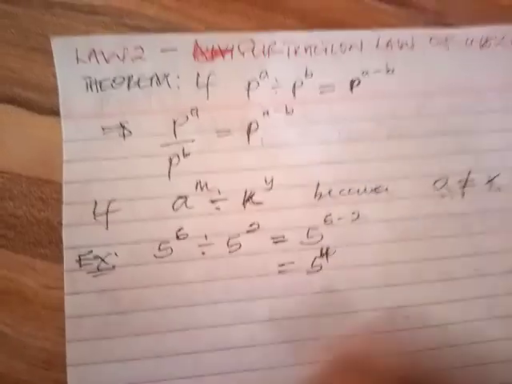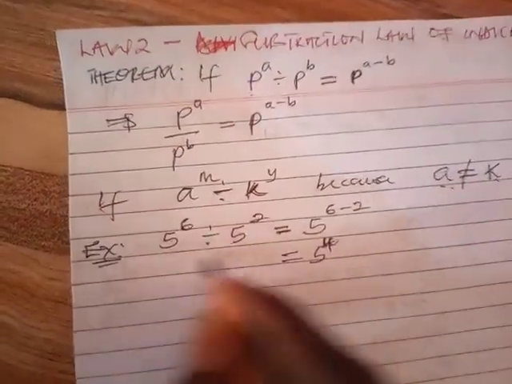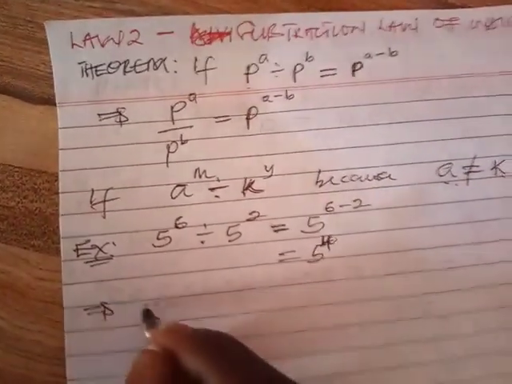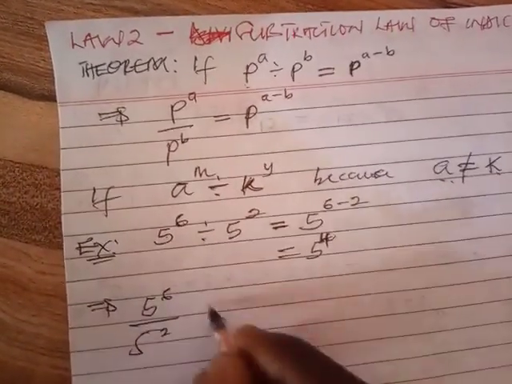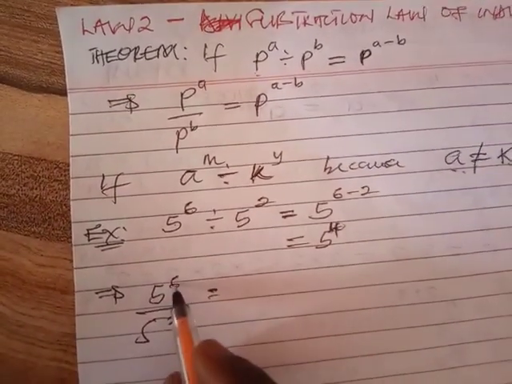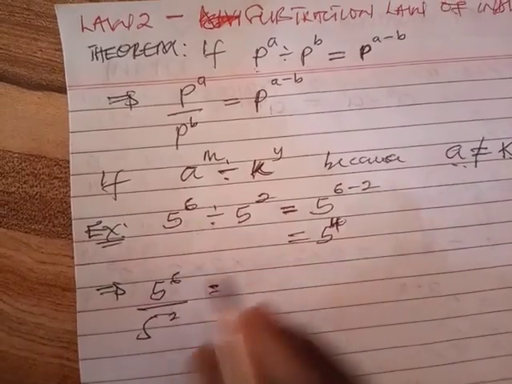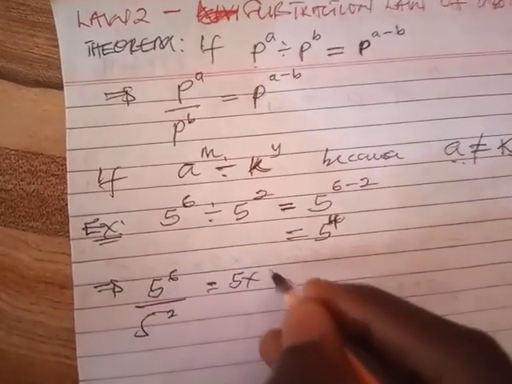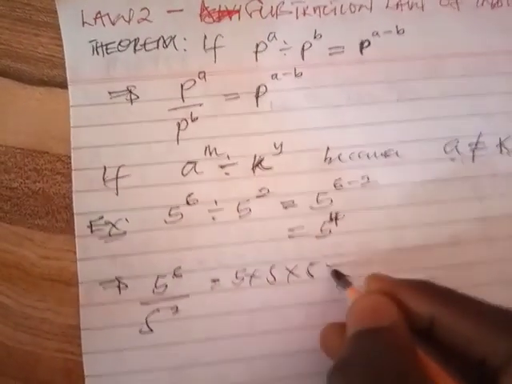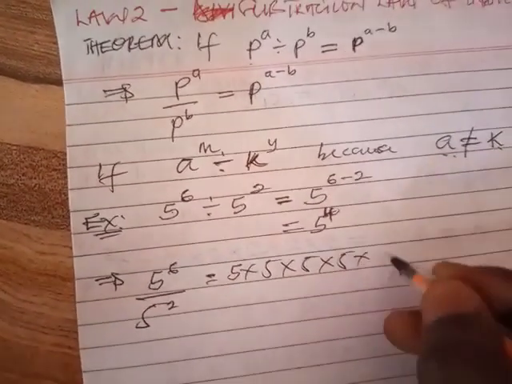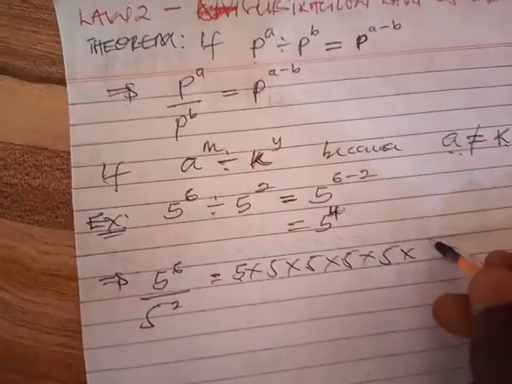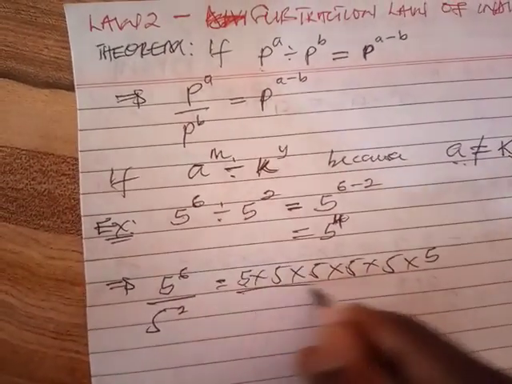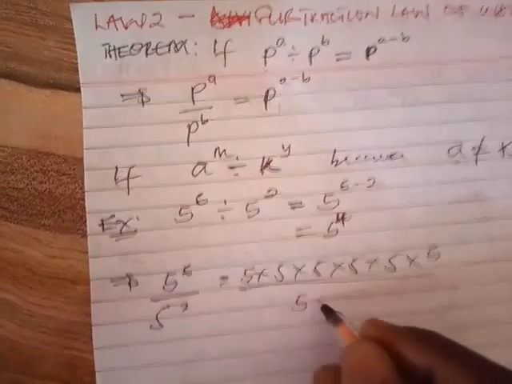Or this problem can be resolved this way: 5 exponent 6 divided by 5 exponent 2. Now we have 5 multiplying itself 6 times, so 5 by 5 by 5 by 5 by 5 by 5, all over 5 multiplying itself twice.